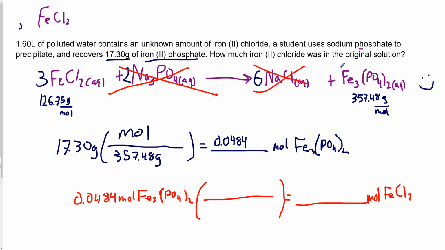So how do we set it up? Well, we have to have 3 FeCl2s up top from my balanced chemical reaction. That's my wanted over my given, which is 1 Fe3(PO4)2.